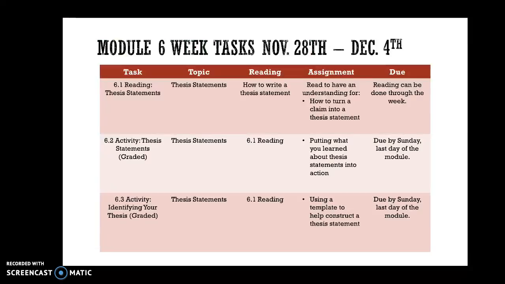Our tasks for this week are the 6.1 reading, thesis statements. The assignment is for you to have an understanding of how to turn a claim into a thesis statement, and this reading can be done throughout the week.